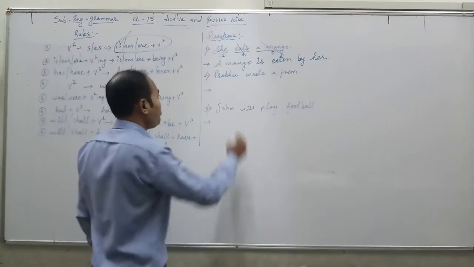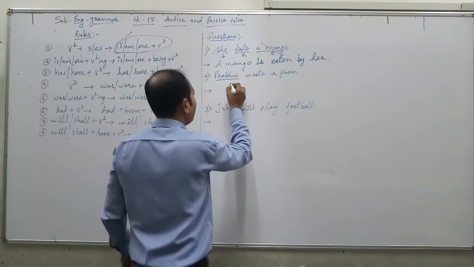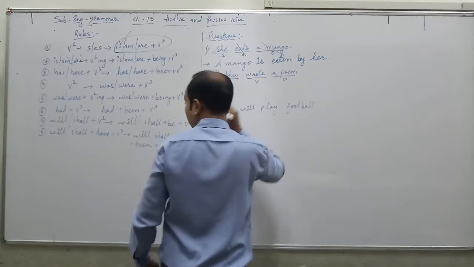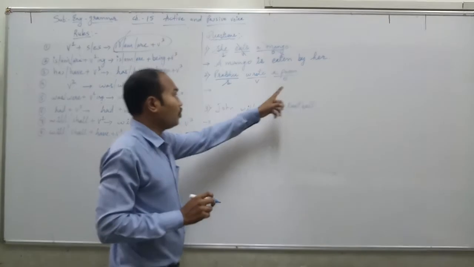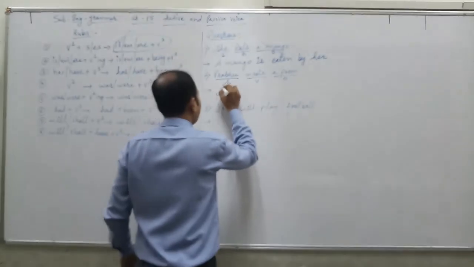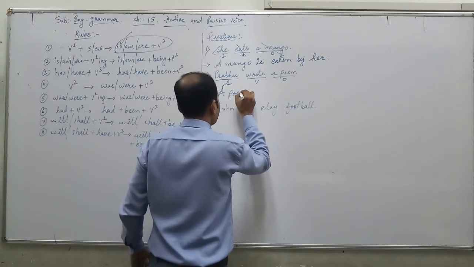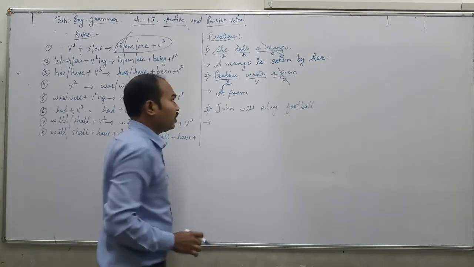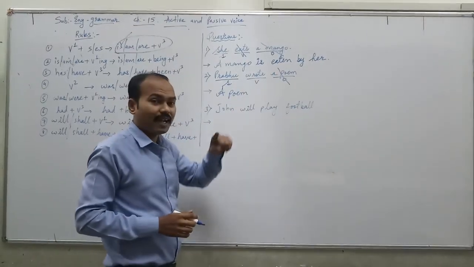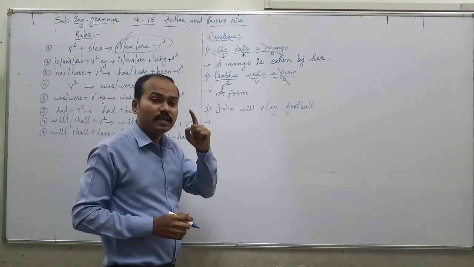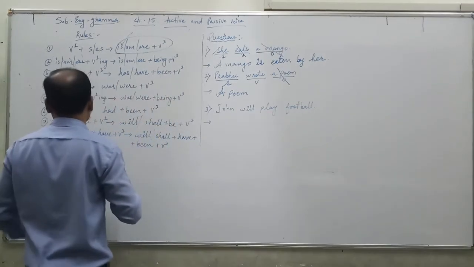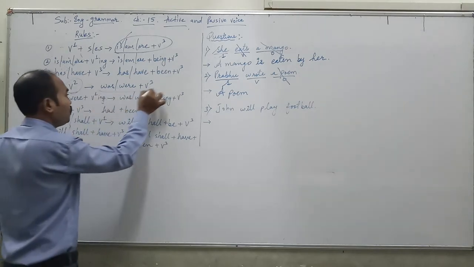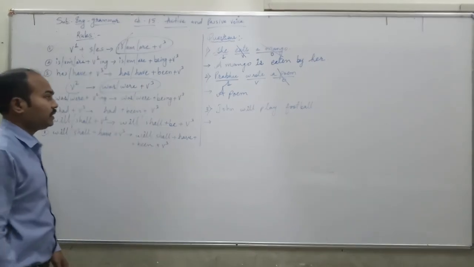Now question number 2. Again, step 1 is we have to identify the subject, verb and object. The object will go to the place of the subject: a poem. After completing this, the verb. In which form is the verb? Wrote. Write, wrote, written. Wrote is in the second form of the verb. It will be changed into was, were plus V3.